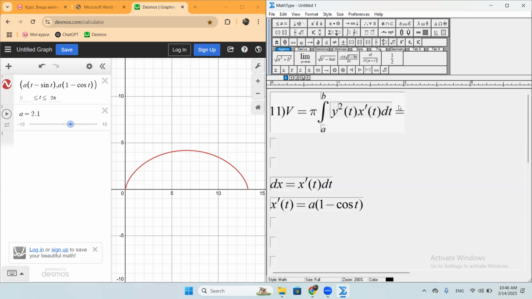And what we actually receive here is a cube times (1 minus cosine t) cube dt, and we integrate from 0 to 2 pi.